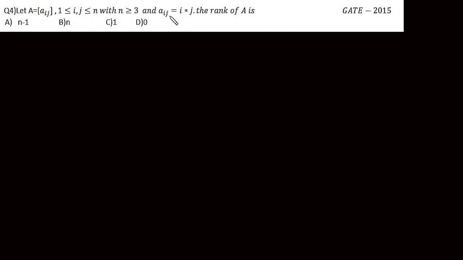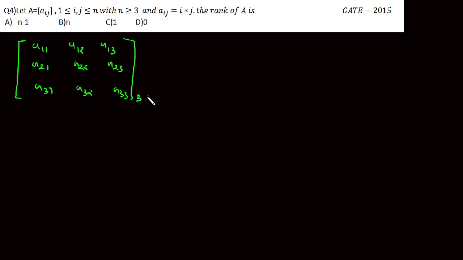So first of all, let's assume that our matrix has a 3 cross 3 dimension. So here we are getting a11, a12, a13, a21, a22, a23, and a31, a32, and a33. Okay, 3 cross 3.